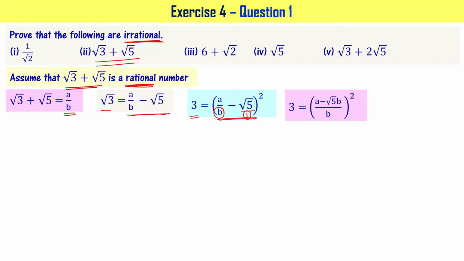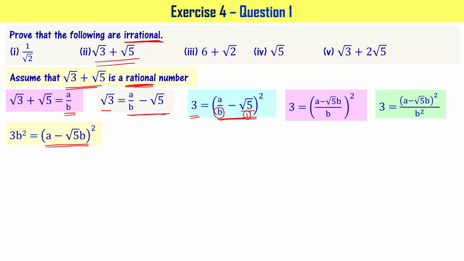Got it? This can be further rearranged and written as 3 equal to (a minus root 5 b) whole square divided by b square, right? Let me rearrange this equation such that I can write it as 3b square equal to (a minus square root of 5 times b) whole square. Now look at this.